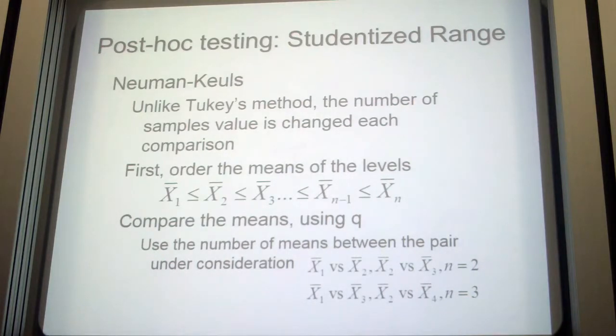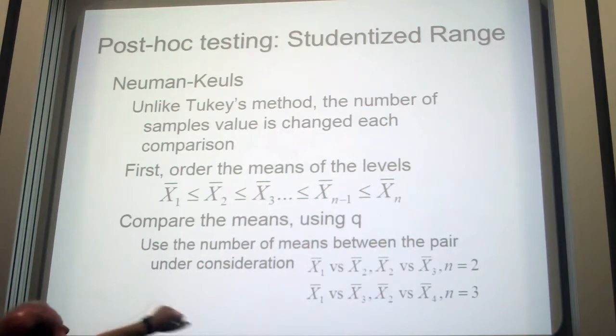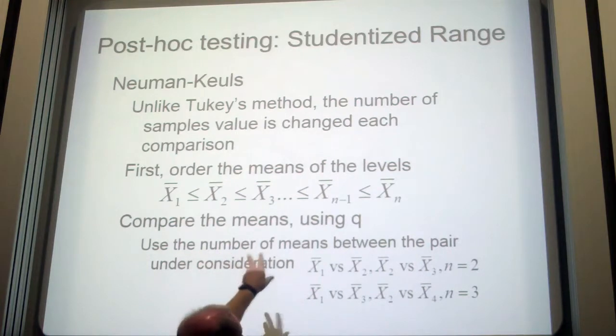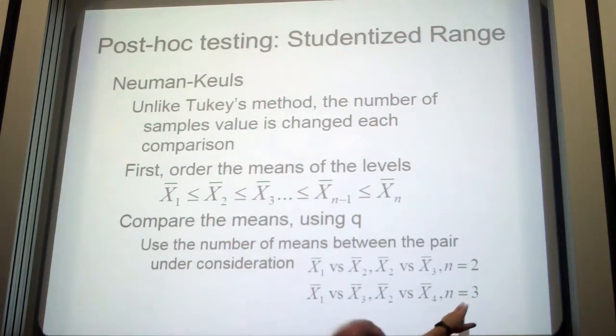And then you use the number of means that there are between. So you start off and you compare x1 with x2, x2 with x3, and so on, and you have n equals 2. You can then look at x1 versus x3 with n equals 3. So in fact, you start at the big end, and you say which ones, how many of these are different, and narrow it down.